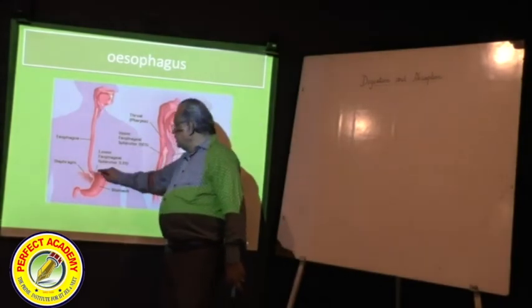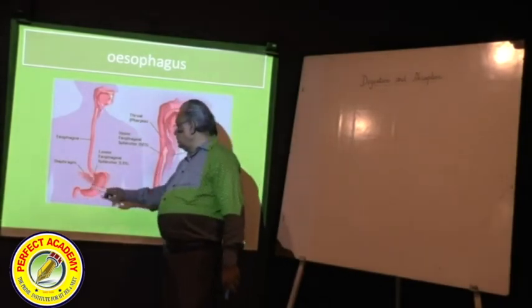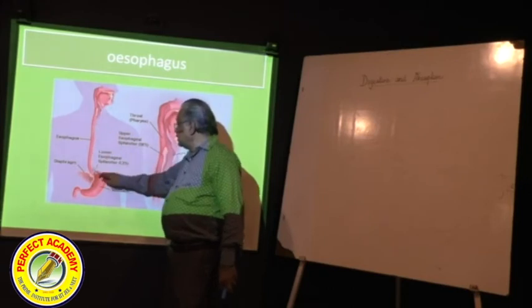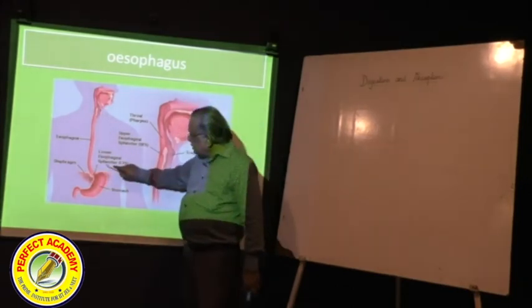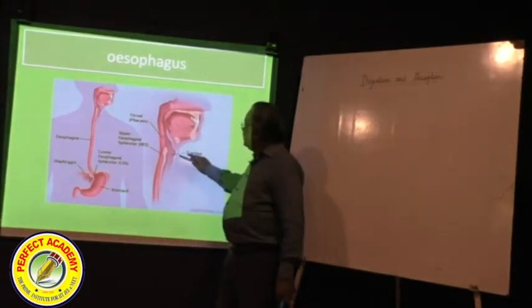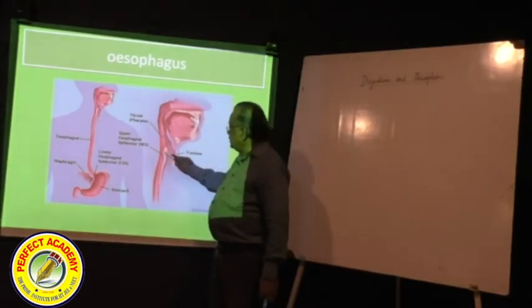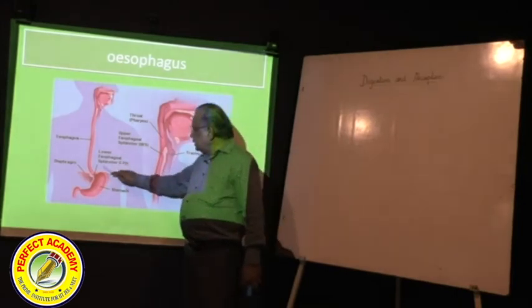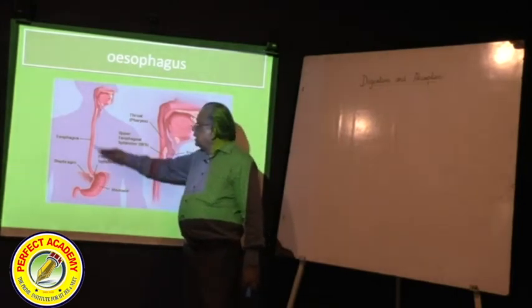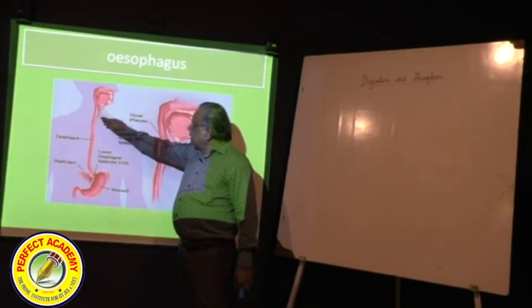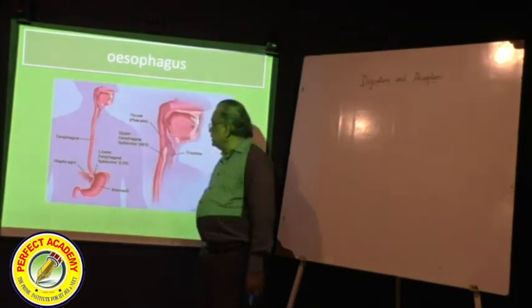You can see the structure of the esophagus here. It passes through the diaphragm as well as the thorax region. And there are sphincters here: the lower esophageal sphincter and the upper esophageal sphincter. The lower esophageal sphincter opens into the stomach, and the upper esophageal sphincter comes through the pharynx region.